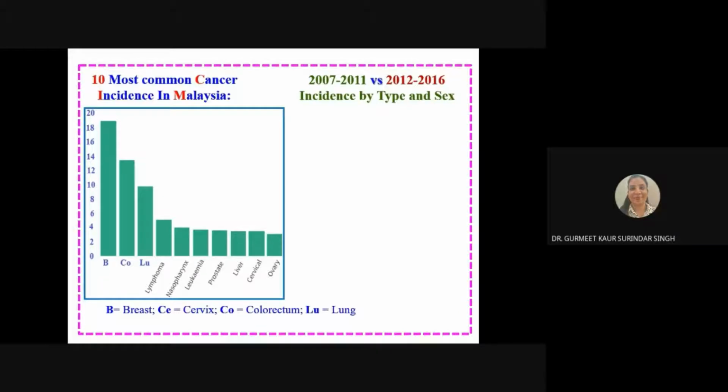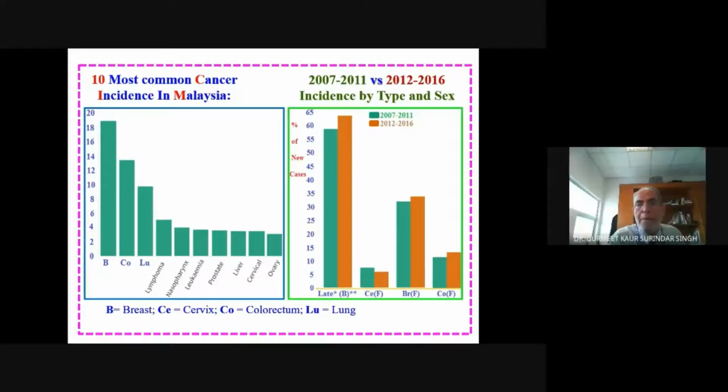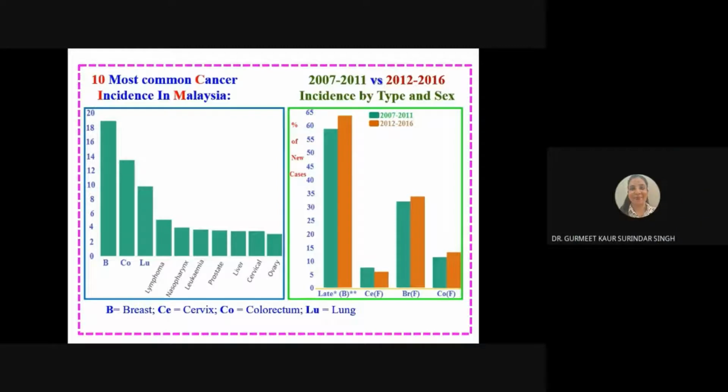Breast, colorectum, and lung. What about the incidence, or comparing what is going on from 27 to 2011 compared to 2012 to 2016? I'm sorry, this is what I can get. It is somewhat not very recent, but it's okay.